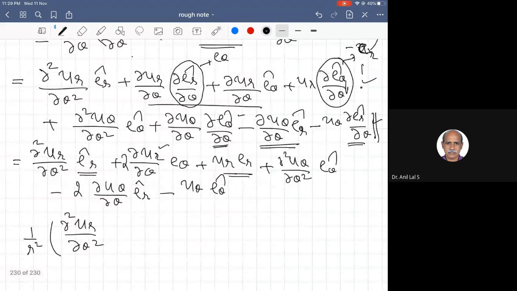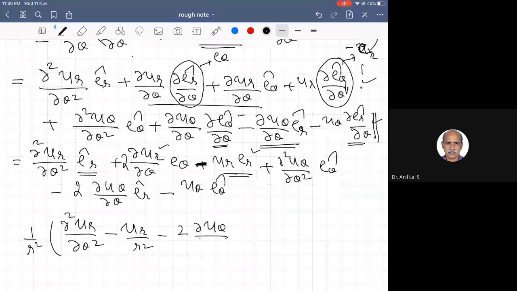So there's a minus er. So it is ur by r squared, ur in r squared will come. So minus twice dou u theta by dou theta, the whole into er.